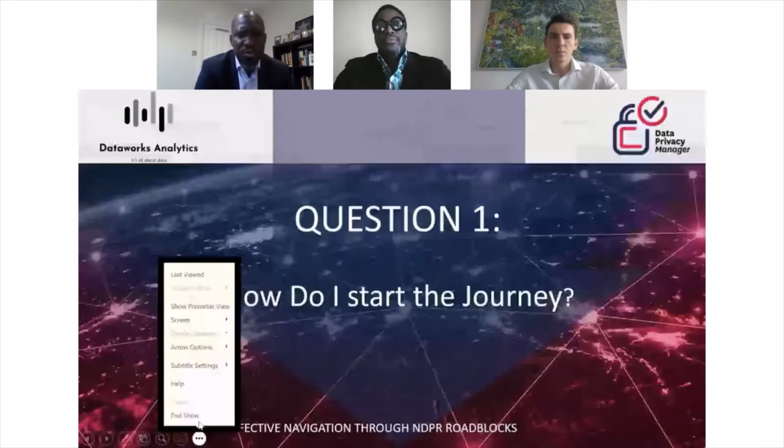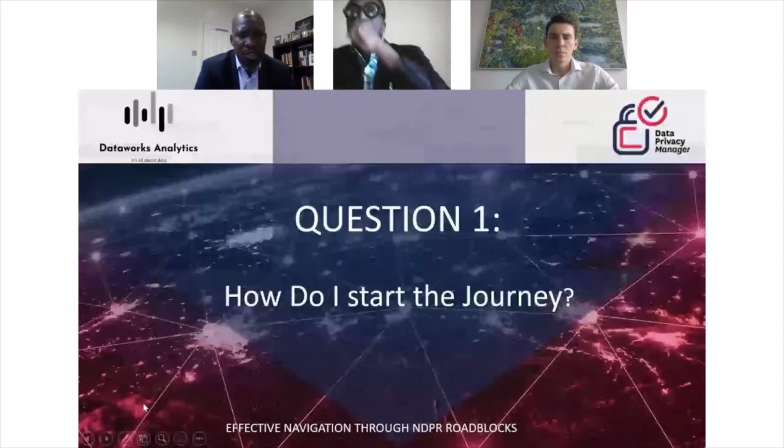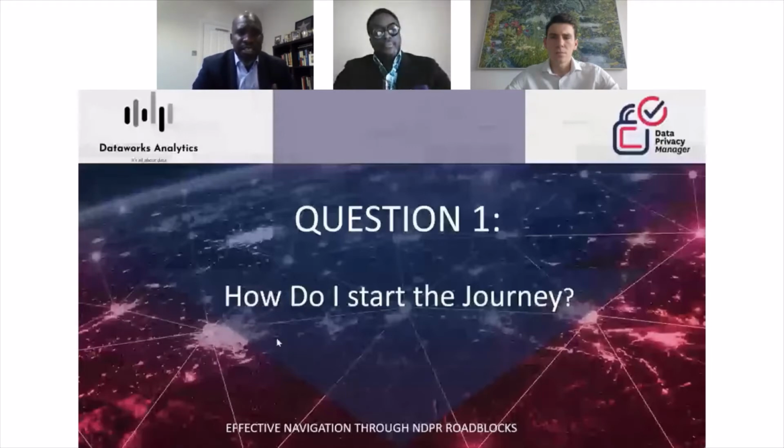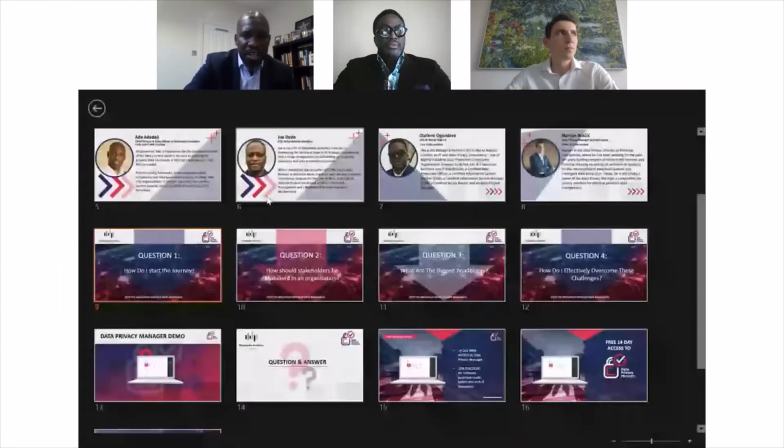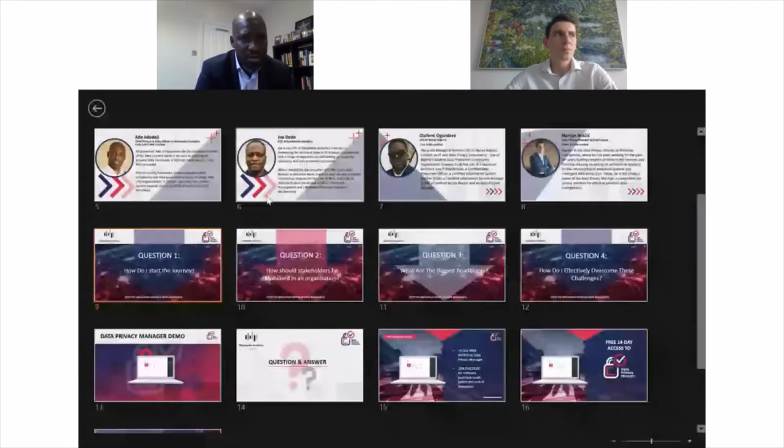It's also good to know what the benefits are to the organization, because people are always talking about fines, but also having a good data protection roadmap will include things like helping you to improve your customer and employee satisfaction, even improve your reputation in the market, as well as help you to save money. I think I've done enough there, and I'll hand over to Mr. Ogundere, who is a DPCO, to round up.